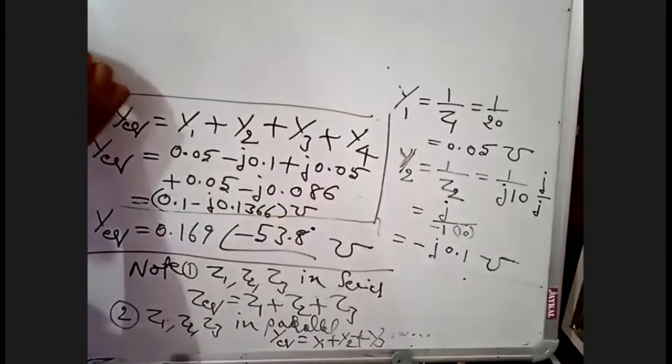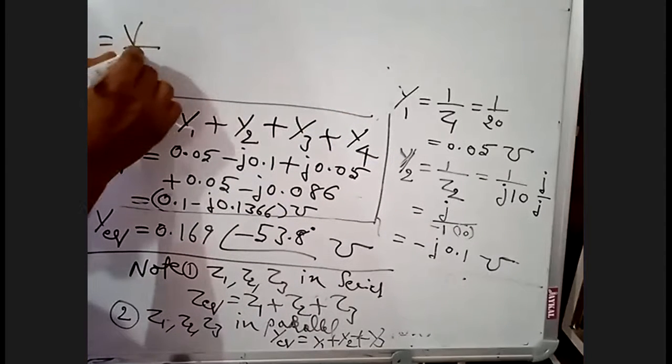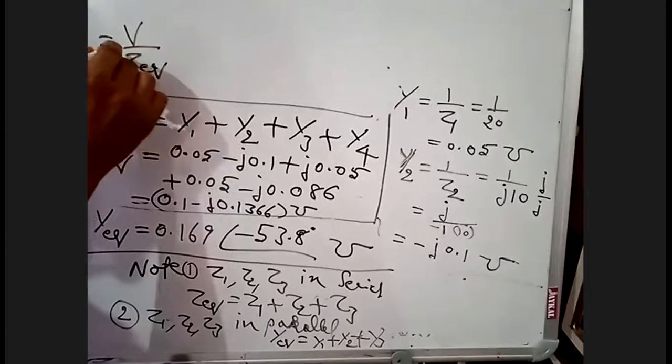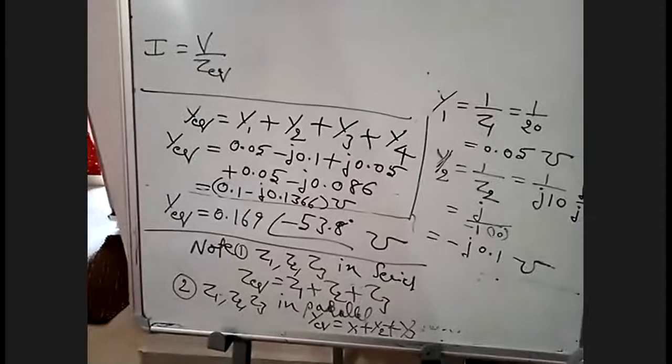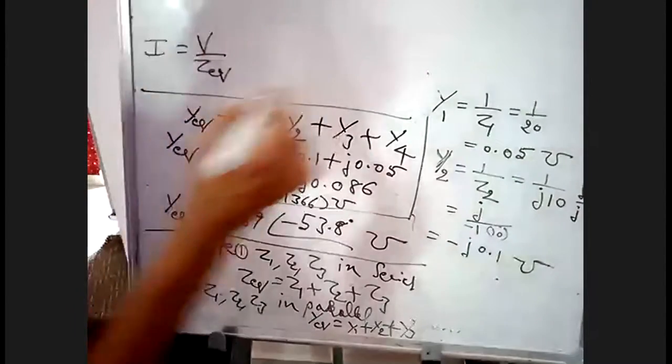Current I. What is the formula for current? I is equal to V by Z equivalent.